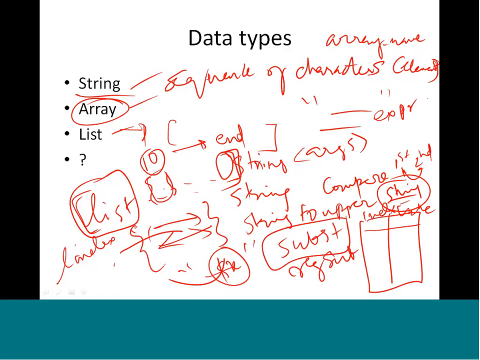So the array commands are typically like array and then, similar to the list commands, and I have put a question mark here. There is a fourth data type, which is what makes Synopsys tools very special. We will talk about that towards the end of this lecture. This is called collection.